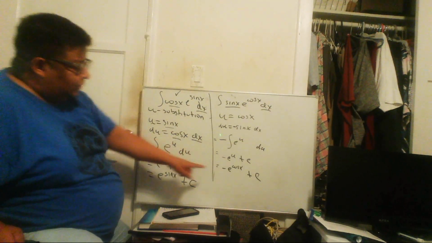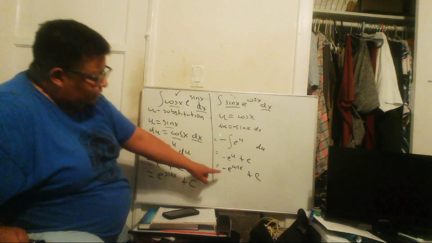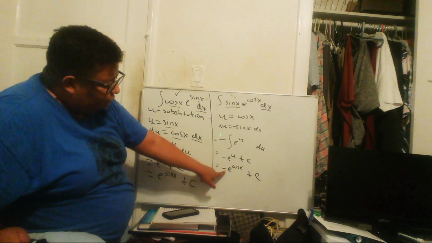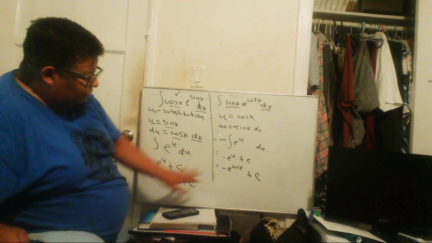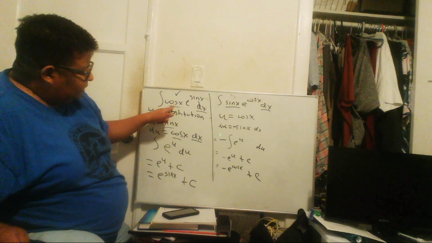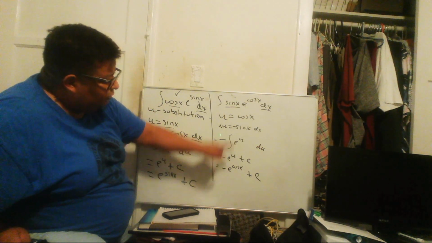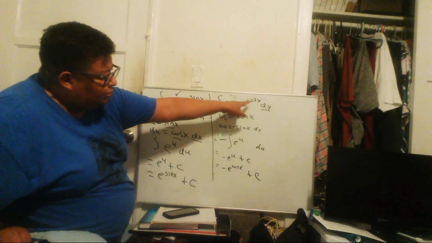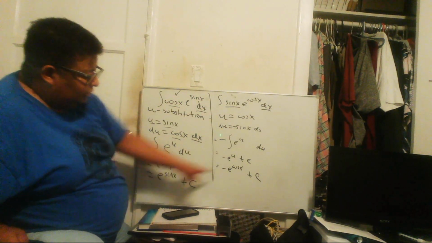But before I didn't have the minus, and I should have checked it. Look, this minus, don't forget it. Between the flipping, for the case of cos x you're gonna get a minus. Here with sin x you don't get a minus, but here you're gonna get a minus.